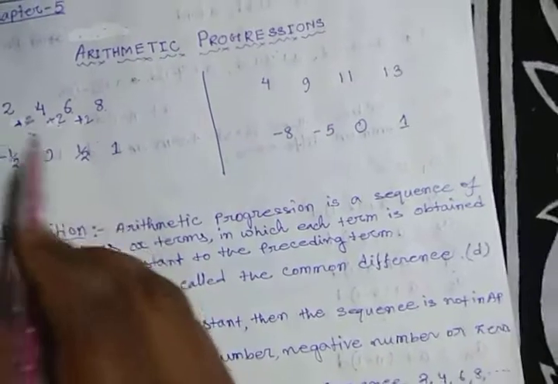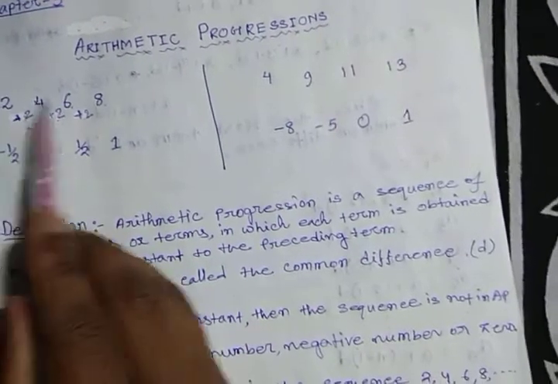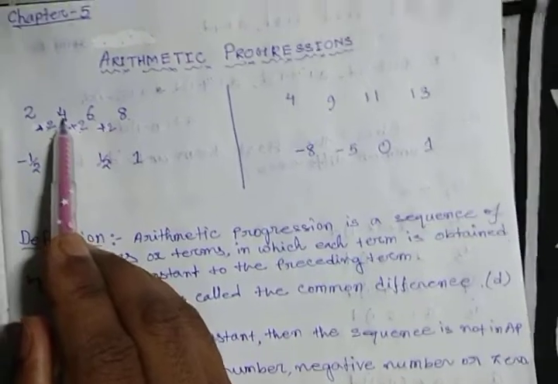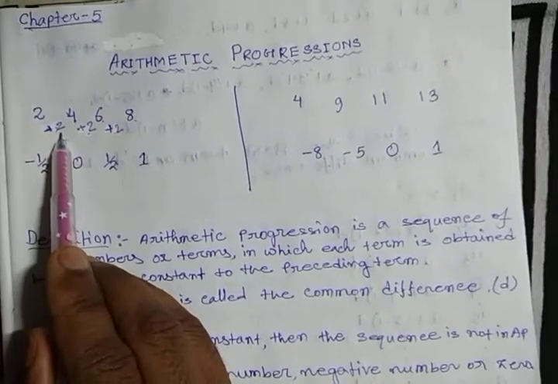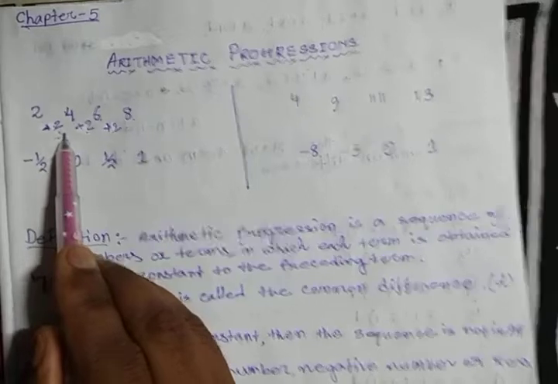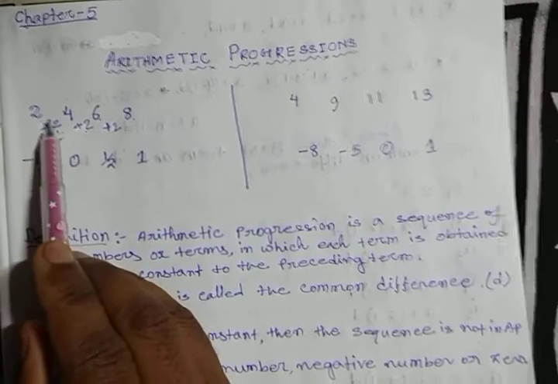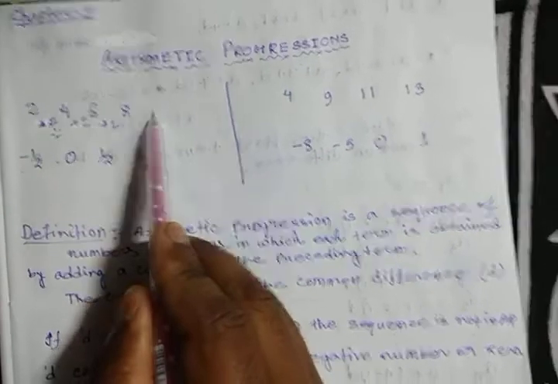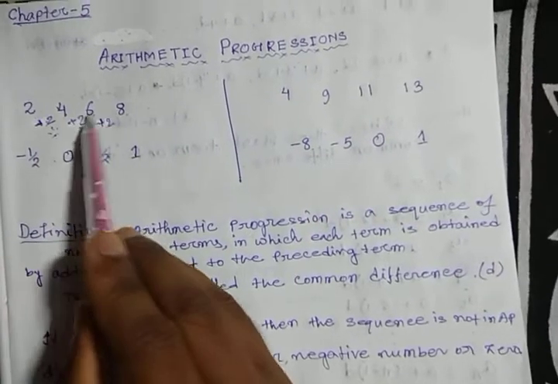So, here you can see the difference between any two consecutive numbers is 2. That is constant, means a fixed number. In the same way, if we want to find the next term, this is the first, second, third, fourth.